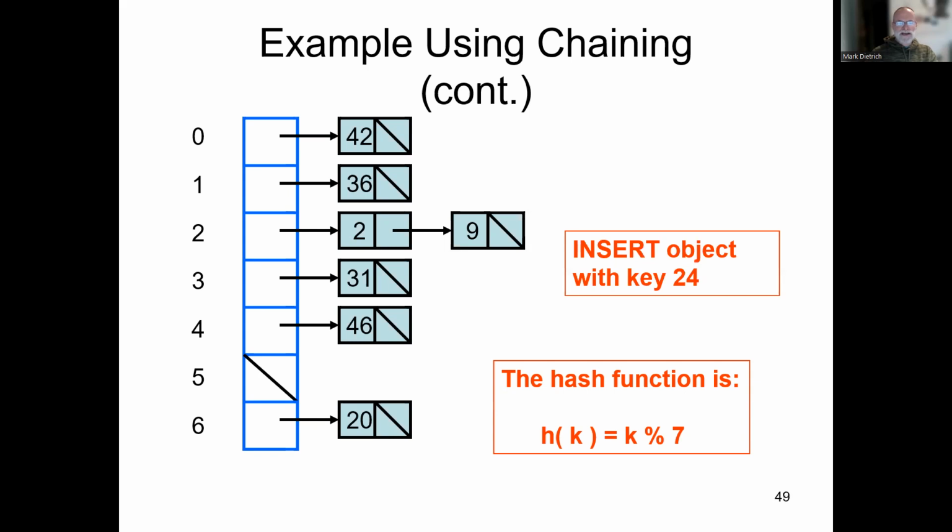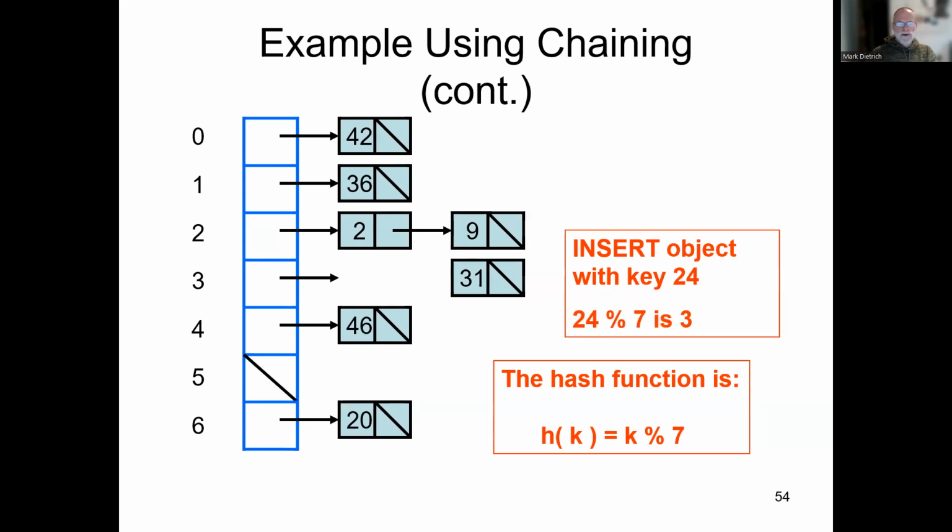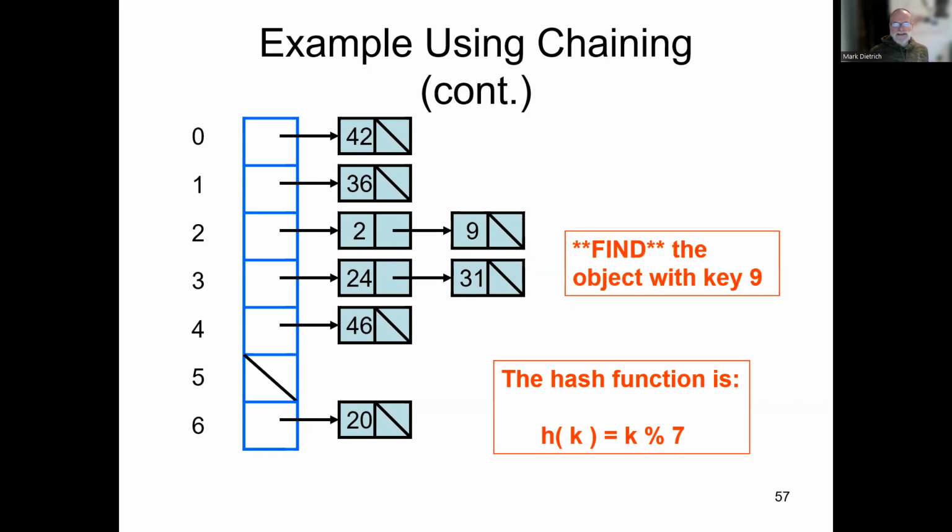And then we would just continue this. There's 24. We would insert that into the linked list as a new node in bucket 3, and this goes on and on until we need to try something else.